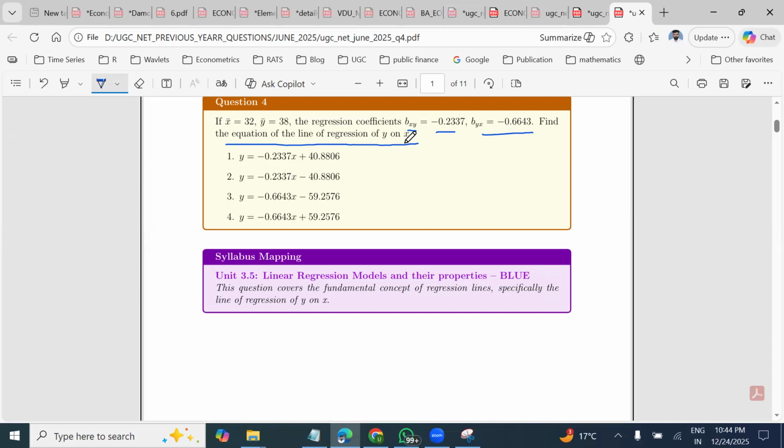Which is the answer, Sangeeta? Question number 4. Any idea how you will solve it? Will you be able to solve it? It will be either 3 or 4, sir. Okay, Chinmay? Will you be able to solve it?